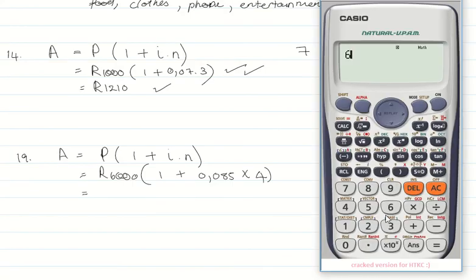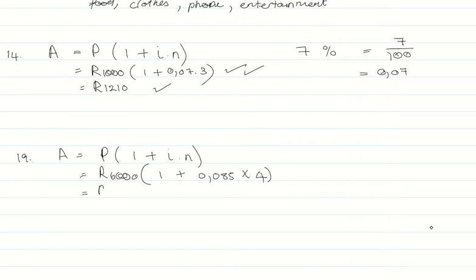I type in 6,000 Rand multiplied by bracket 1 plus 0.085 times 4, and I get my answer, which equals 8,040. 8,040, because the place where you got the money actually wants you to pay the interest back. Good.